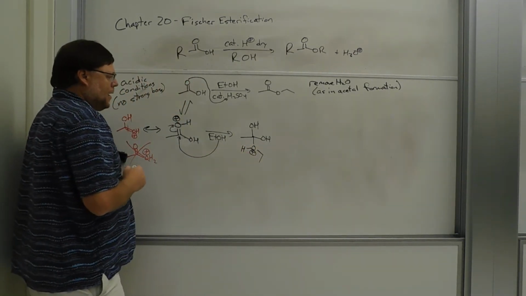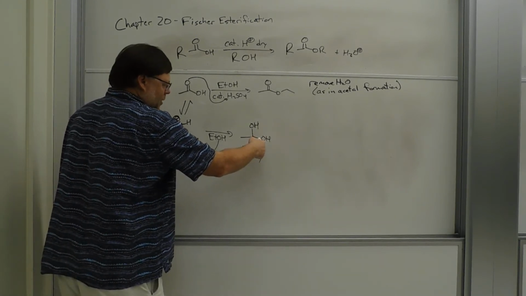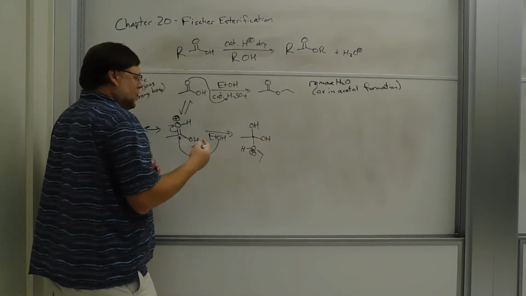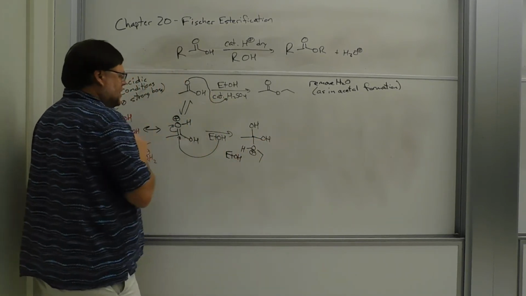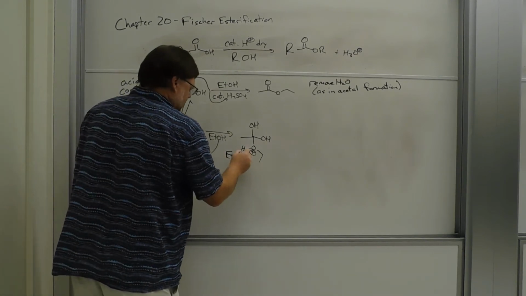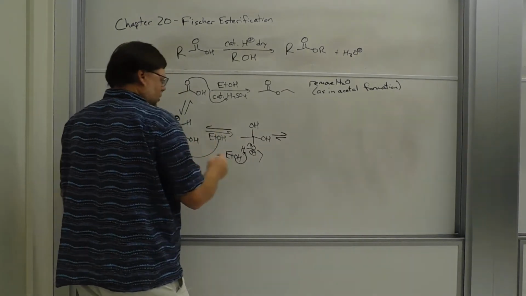All right? And now what we need to do is we need to get this H moved to one of the OHs. The way this is going to work, ethanol, or if you want, you can use HSO4-, but ethanol is actually going to do this. These are all equilibria, by the way.